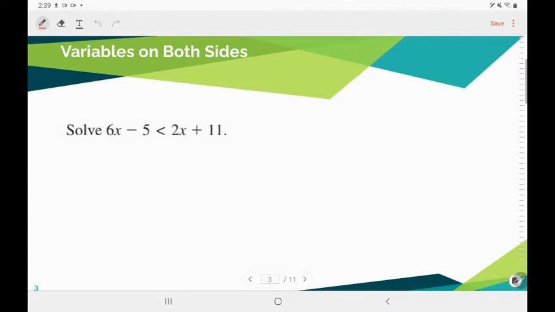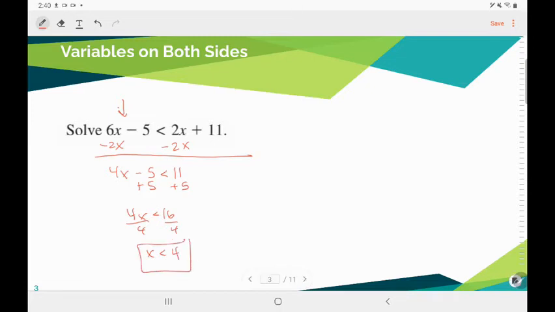So with variables on both sides, this is my larger variable side, so I would subtract the smaller of the two. 6x minus 2x is 4x, minus 5 is less than 11, plus 5 plus 5, 4x is less than 16, divided by 4. X is less than 4.